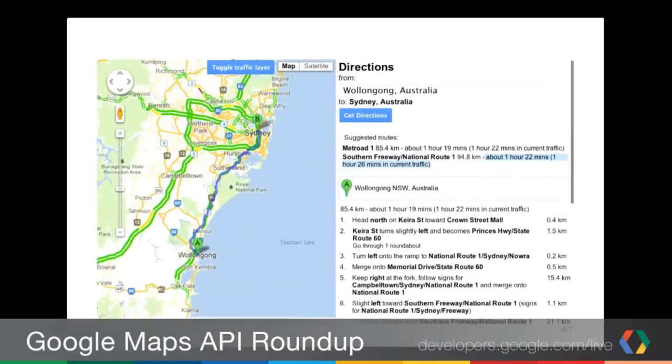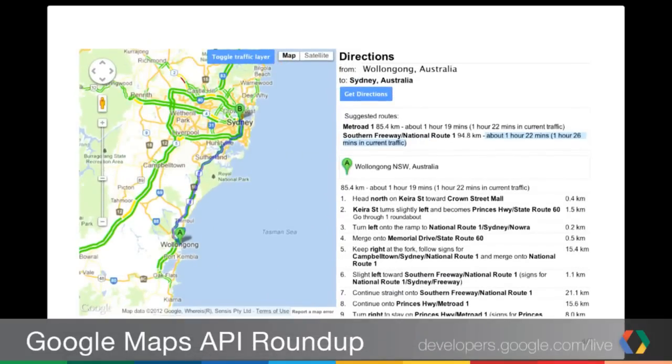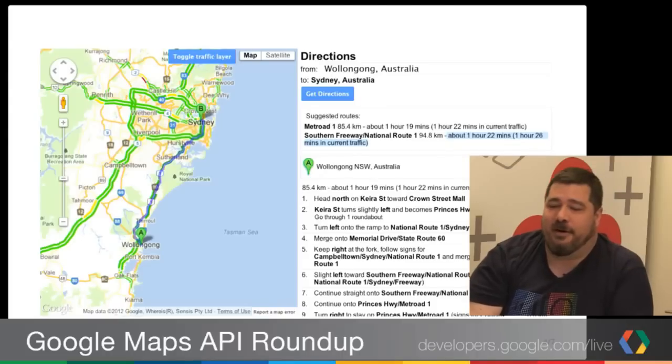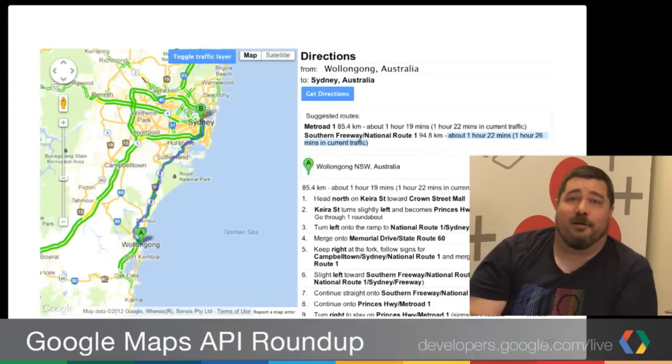The section I'm highlighting says about 1 hour and 22 minutes, or 1 hour and 26 minutes in current traffic. This sample happens to be in Australia, so there's not a lot of traffic there right now.